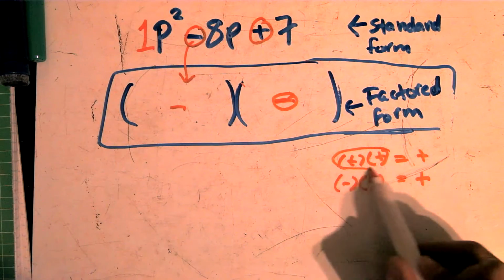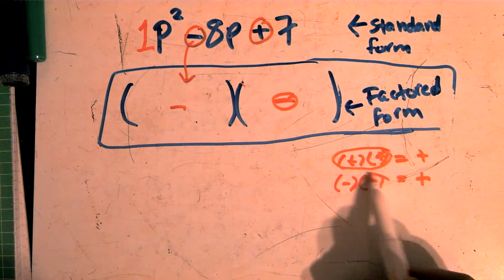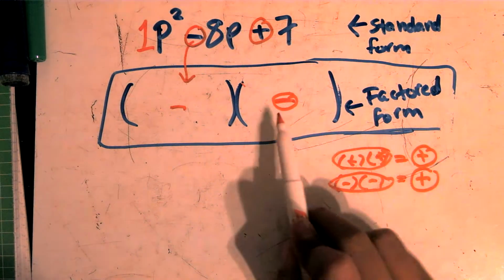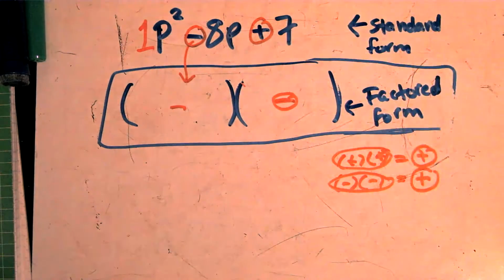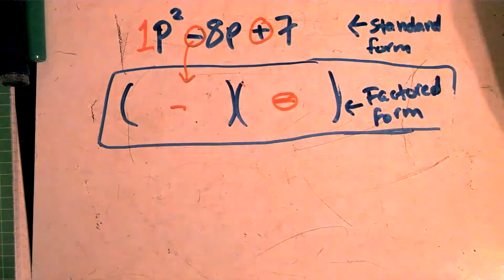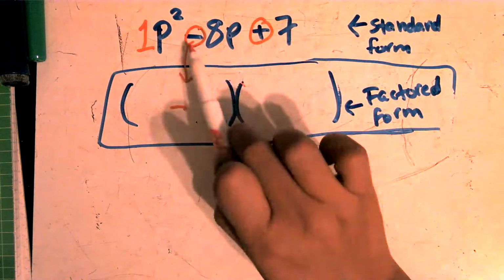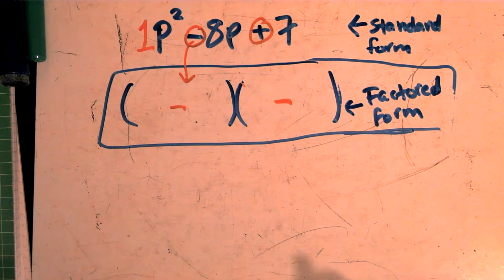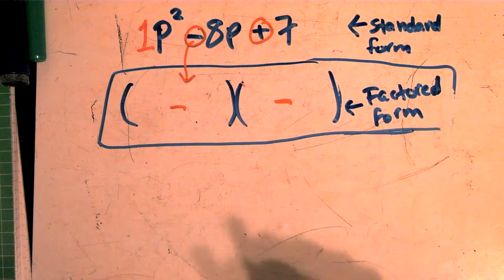So when the signs in the original equation are the same, both positive or both negative, then the sign of your second factor is going to be positive. With two opposite signs, the second factor is going to have a negative in there.